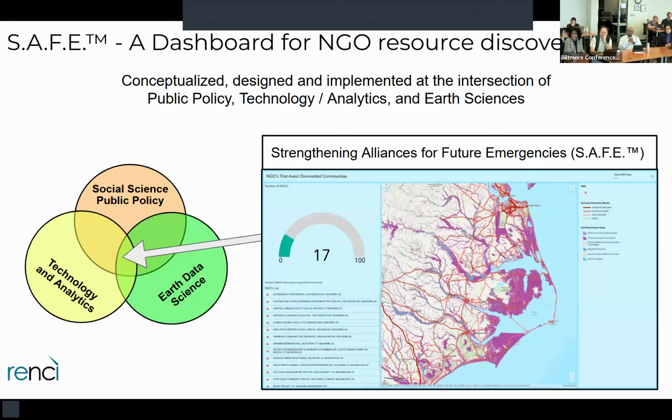This is a prototype of the dashboard. And this provides, again, overlaying, as I mentioned earlier, water levels. And to the left, you see the names of the different NGOs that are specifically targeted to certain groups.